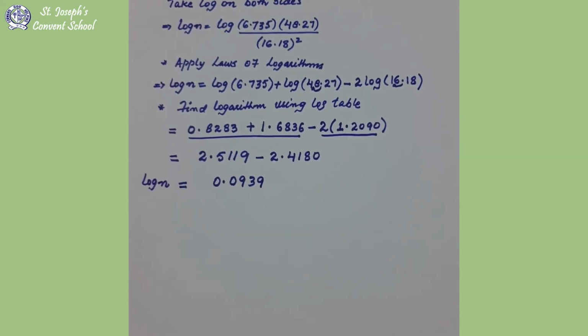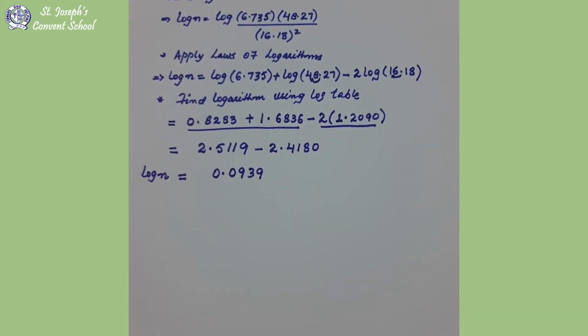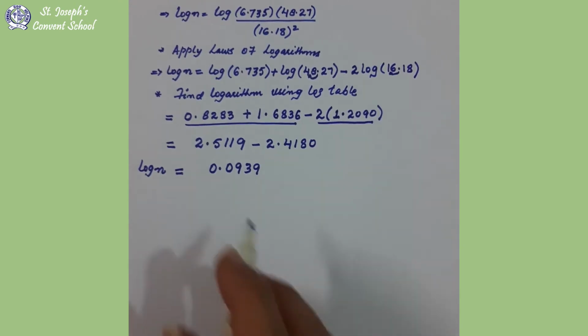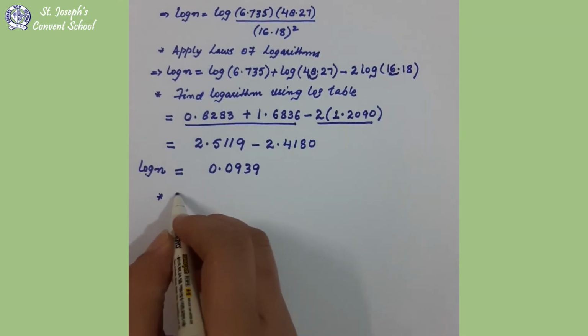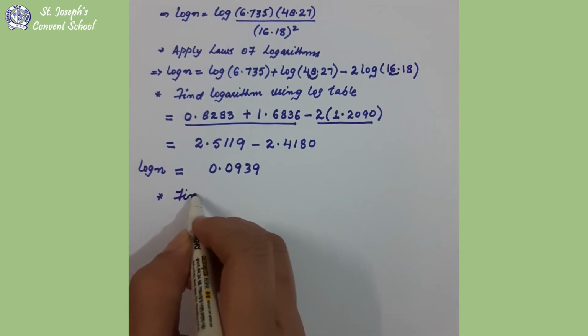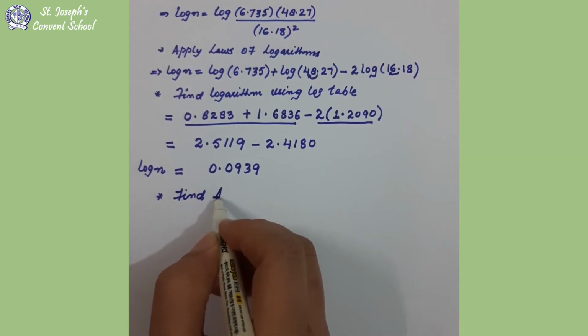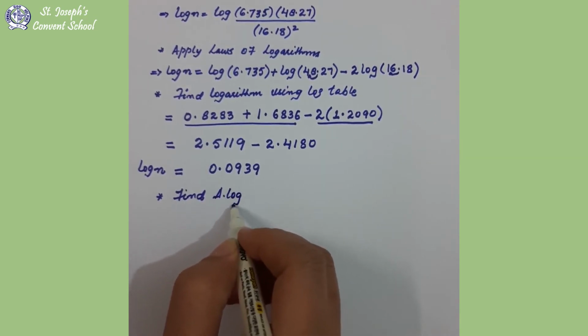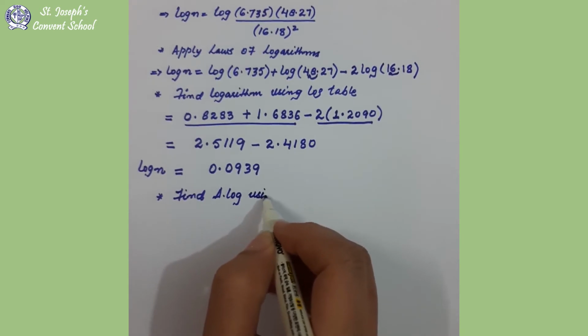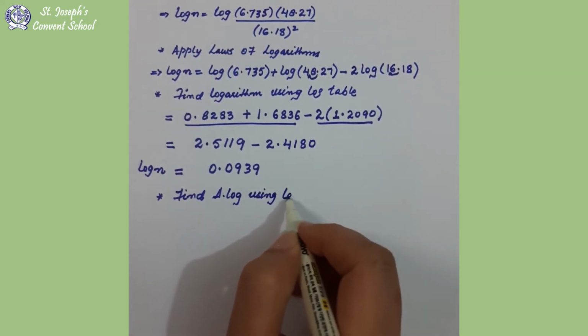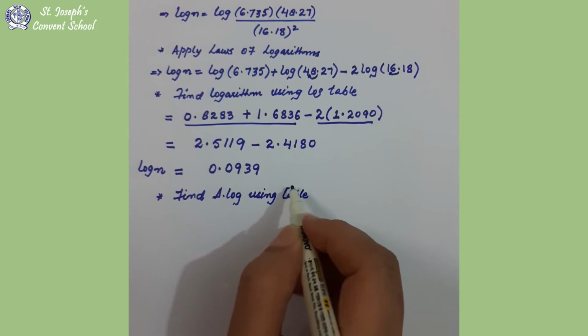Now the last step we'll do is how to find the anti-log. Now the last step is to find the anti-log using the anti-log table. Let's find it.